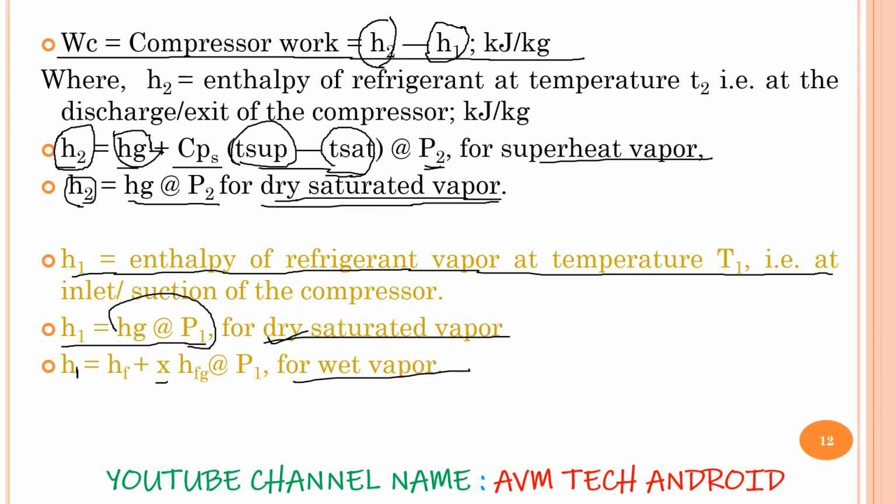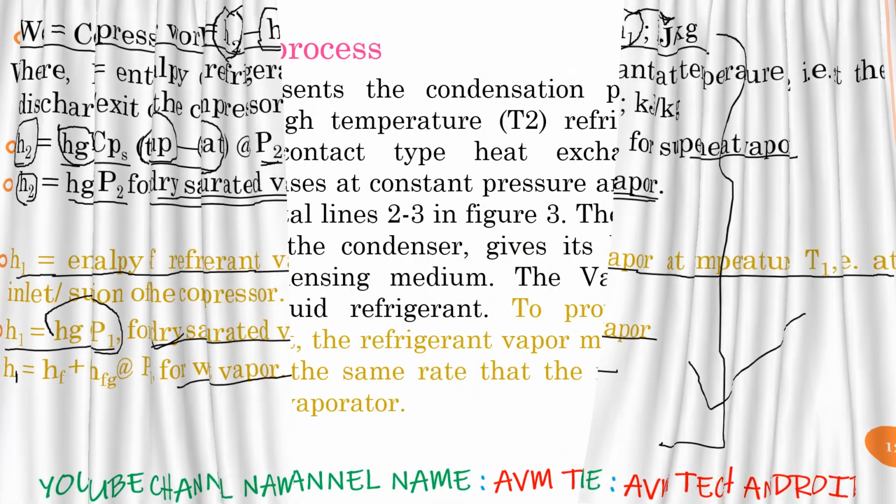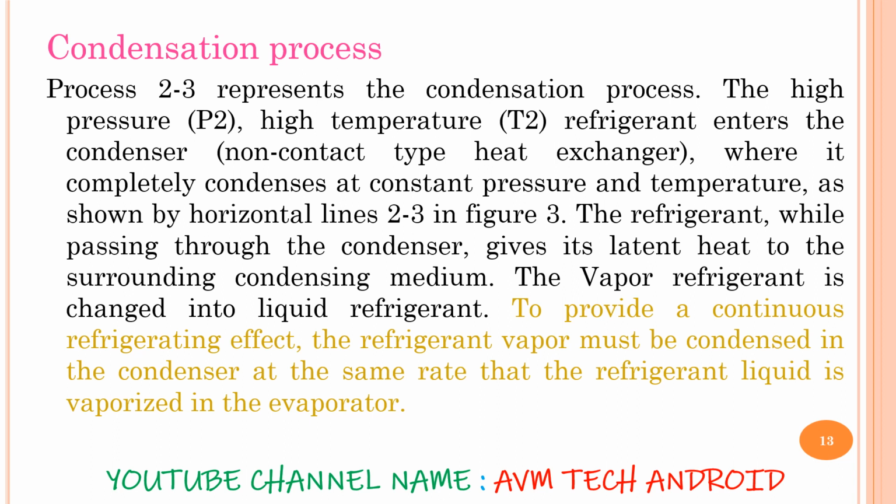When we solve the numerical, we will discuss all these things again, but at present you have to remember the work of compression, that is H2 minus H1, and that H2 is refrigerant vapor, either superheated or dry saturated. H1 is the enthalpy of vapor at inlet of the compressor, either dry saturated or wet vapor. How to put the values is very important in the numerical.